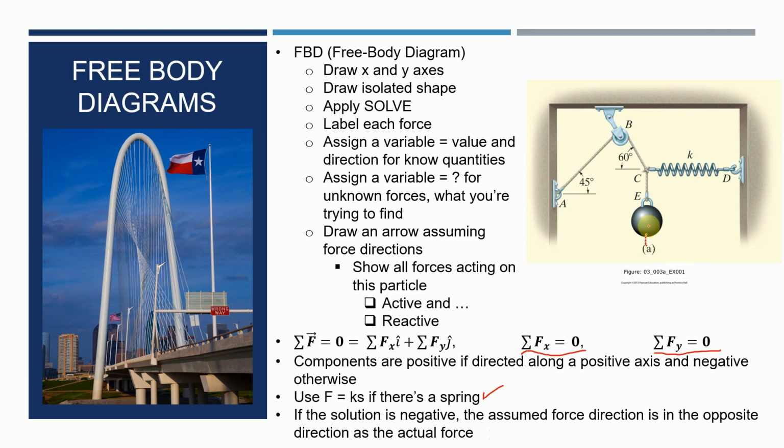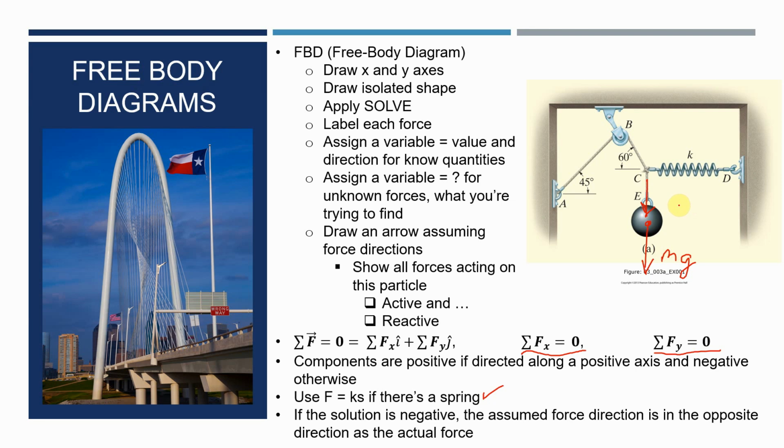So let's say we draw mg like this, and we say that the force is acting down. Well, this force, Fe, negative Fe, negative mg, would have to equal 0.